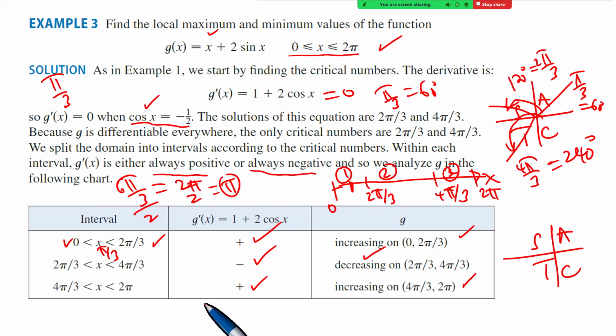What is actually happening here? You can see that at 2 pi over 3, it changes from positive to negative. Looking at the chart, at 4 pi over 3, there is a change from negative to positive.